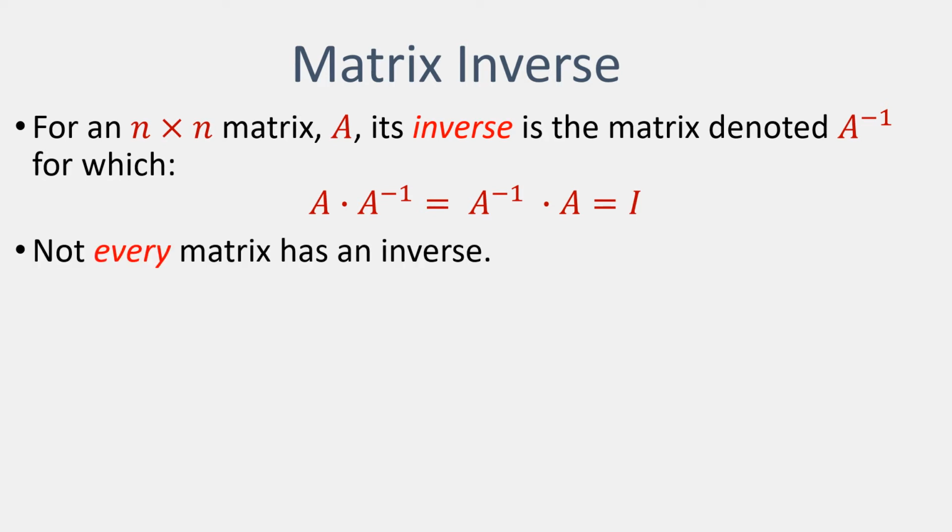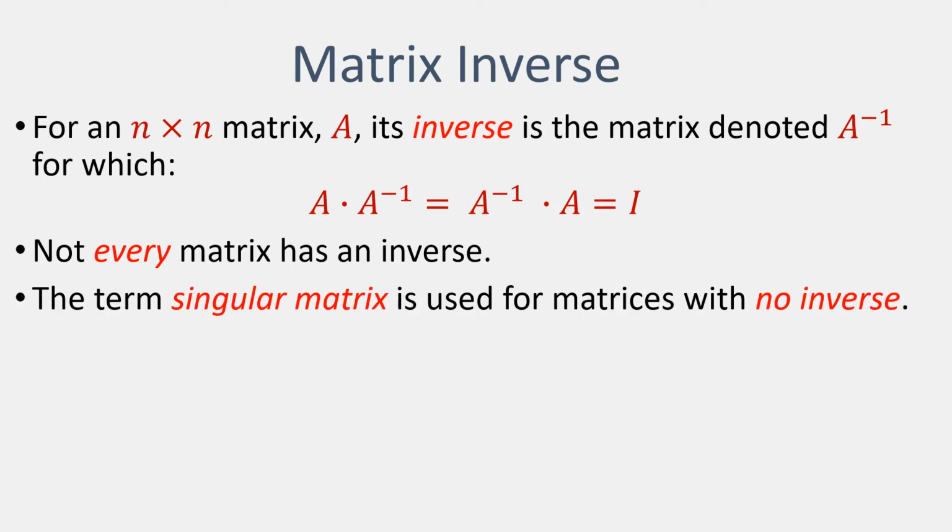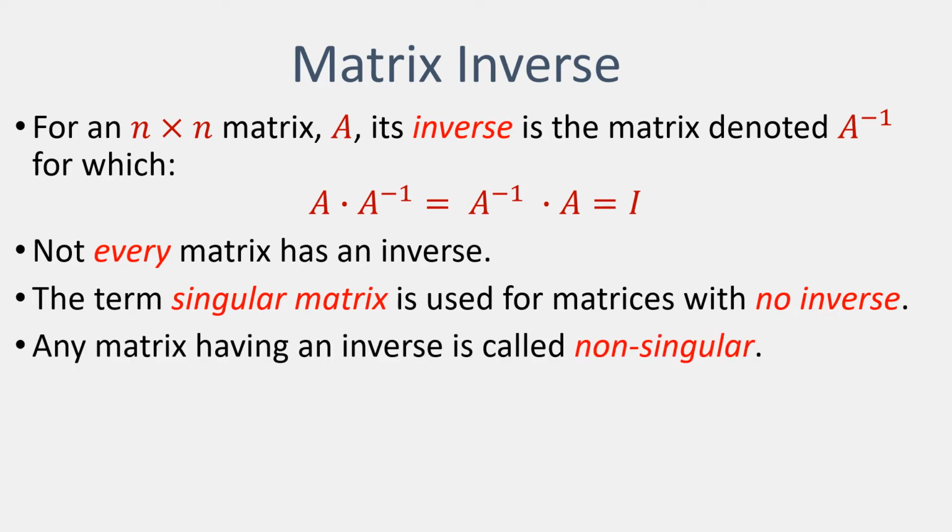Now, not every matrix has an inverse, so we use the terminology singular matrix to describe a matrix which does not have an inverse. We use the term non-singular to describe a matrix which has an inverse.